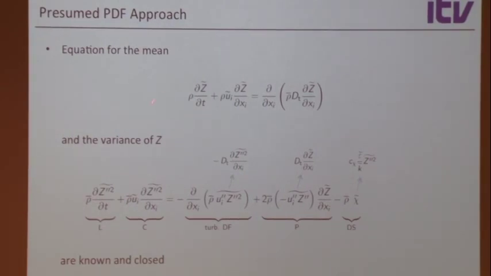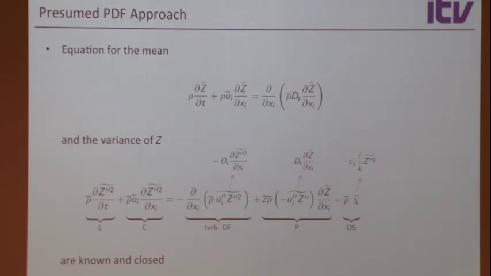So coming back to this. Let's say we have this equation here for the mean, and we also have an equation for the variance. That's an equation we derived earlier, I think. Let's look at it again. The variance equation of the mixture fraction has a time-dependent term and a convection term. You see here turbulent transport.